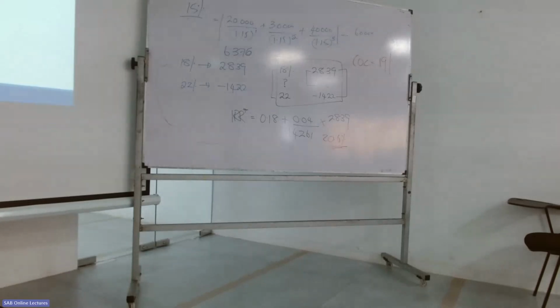NPV profiles mean that for different rates, different cost of capital levels, you can calculate the NPV. We present that graphically, and that is called the NPV profile. Now this is for the project L. If you look at these two projects L and S, 3 years, these are the cash flows expected.